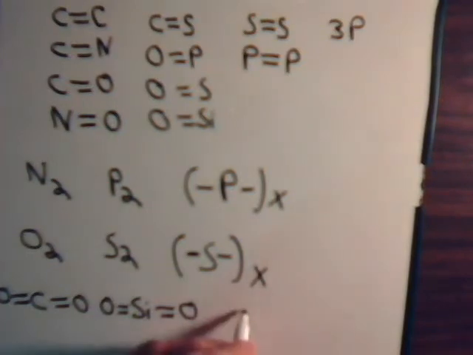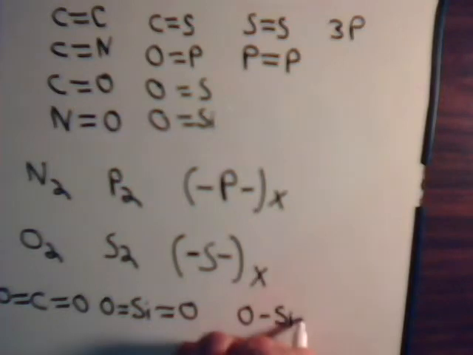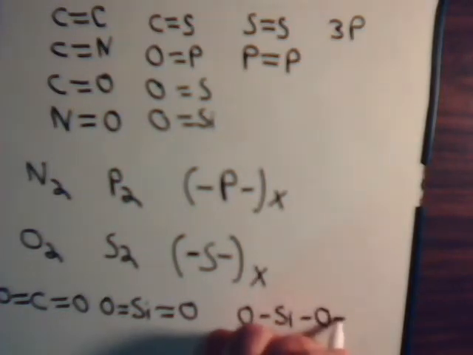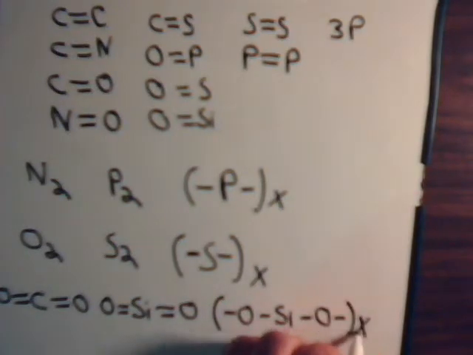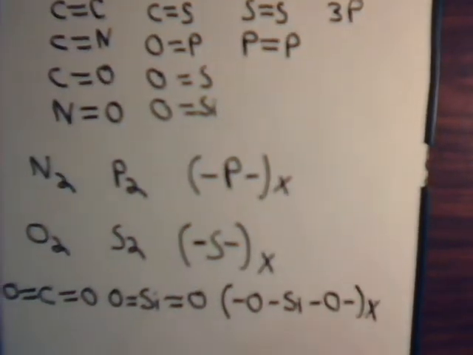Instead, it's more likely to exist in this form, where here you have single bonds throughout, and again you can have a whole string of these connected together rather than having this structure.